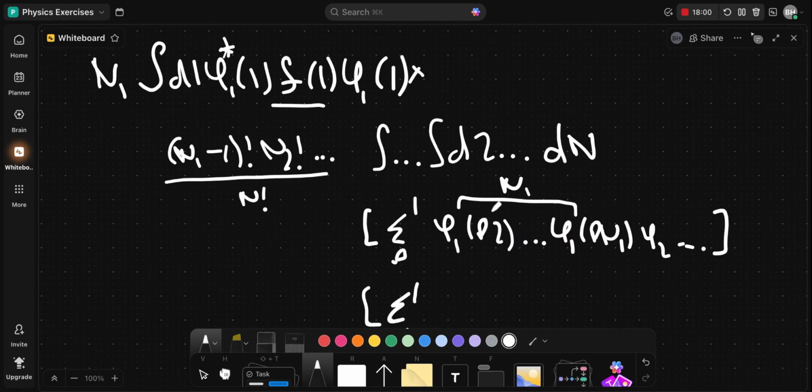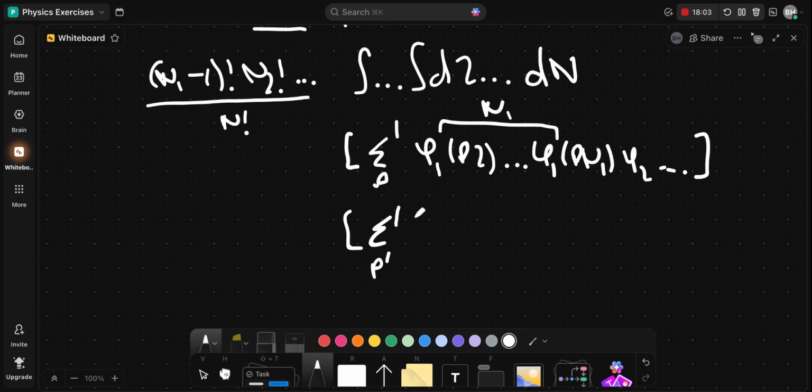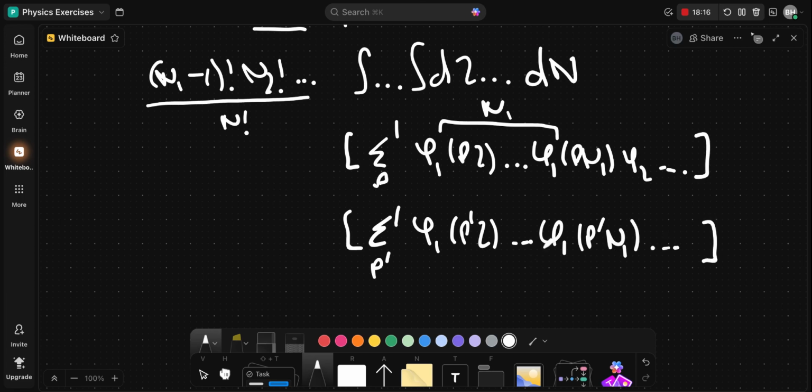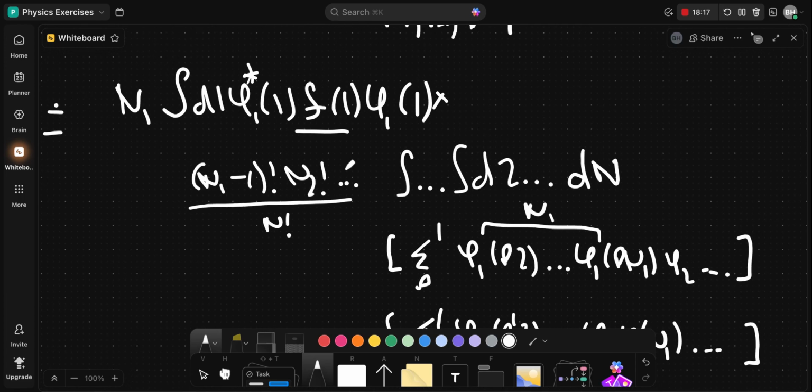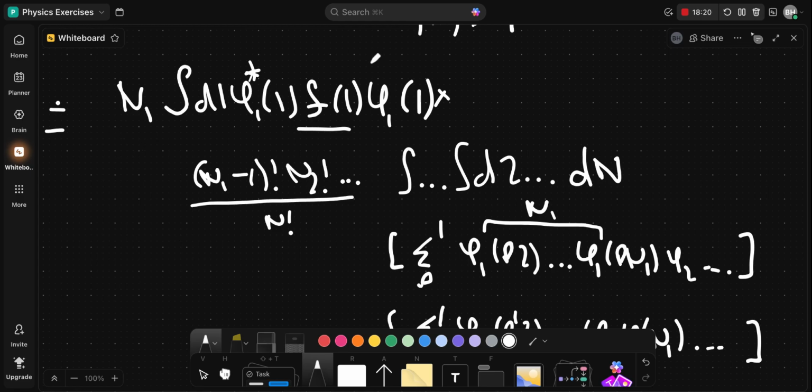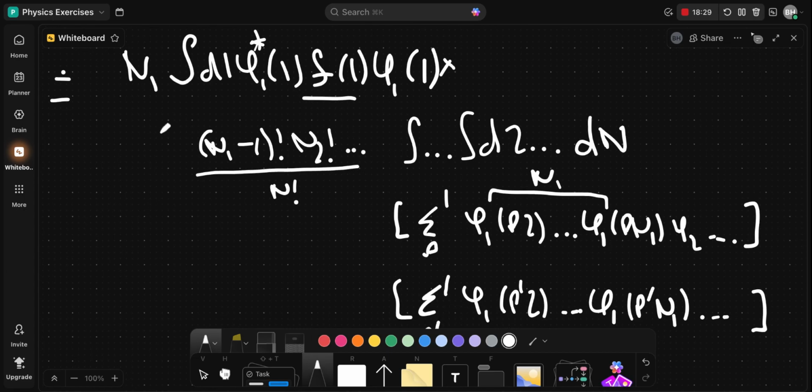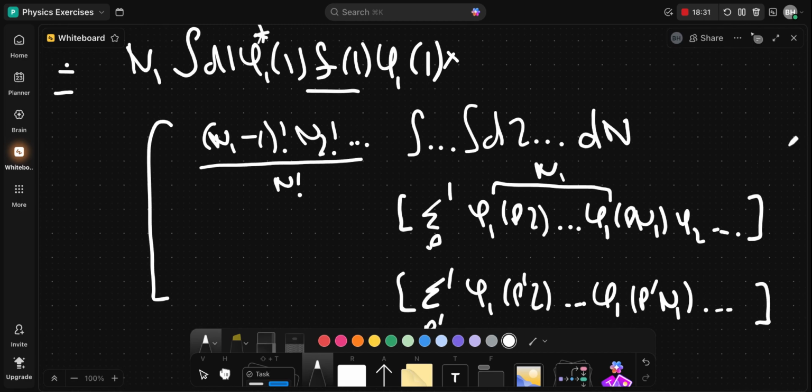So here I'm going to have p prime 2, phi 1 p prime n1, and it keeps going. So I found n1 times this integral over the first coordinate, which is the expectation value in state 1 of your one particle operator. And then I found this term.